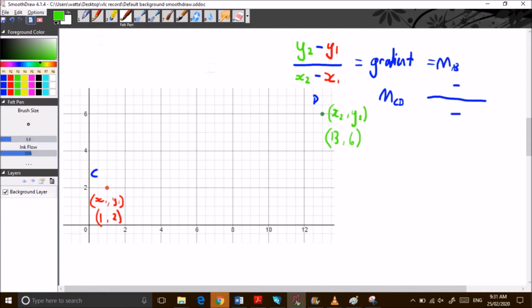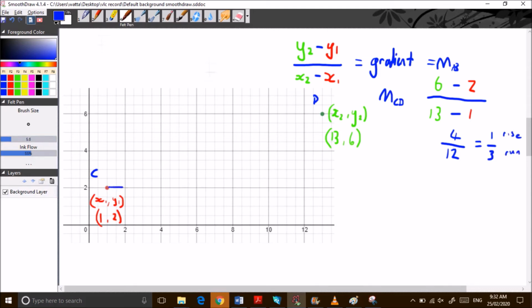So here's our formula, just ready to plug in what we need. y2 minus y1 over x2 minus x1. 4 over 12. We can simplify this to a gradient of 1 over 3. That's our rise over run, a third.